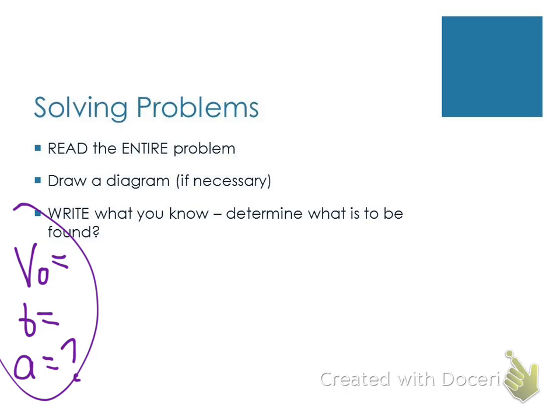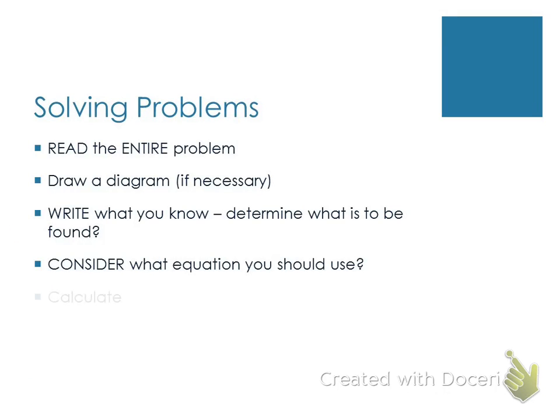Having these variables on the side will help you narrow down which of those kinematics equations to use. Because if you take a look at those equations, some of them don't even have particular variables in them. One of them doesn't have final velocity in the equation at all. So if they don't give you final velocity and you're not solving for it, that might be a good clue that that's the equation you have to use. Does that make sense? Narrow down those things by the variables you're given.